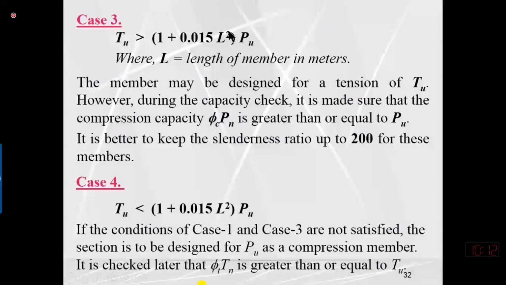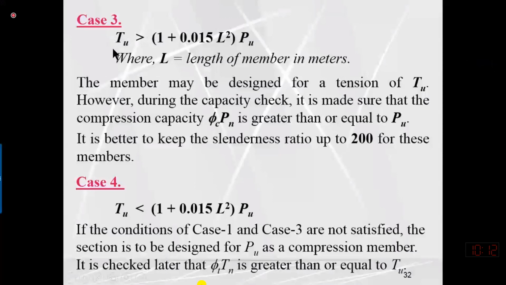Or if it is difficult to understand this concept, then you can say that we can compute two parameters, two factors. This factor is 1 plus 0.015 L square into PU. This factor is the compressive load factor, and we will compare this parameter with the factored tensile forces.